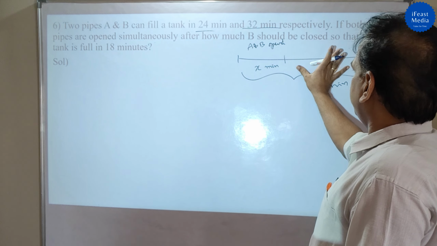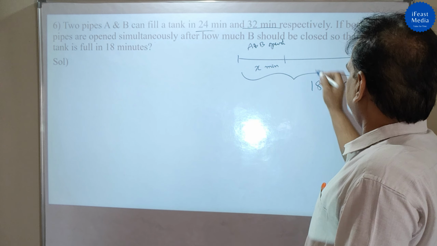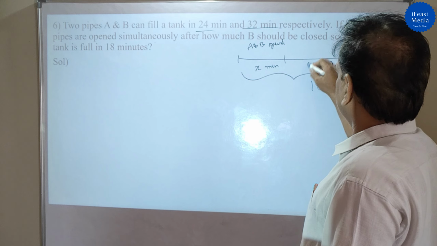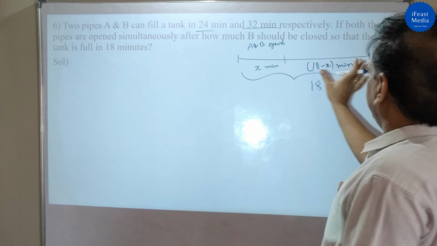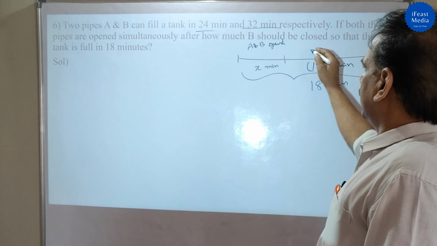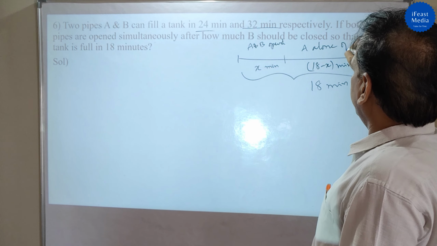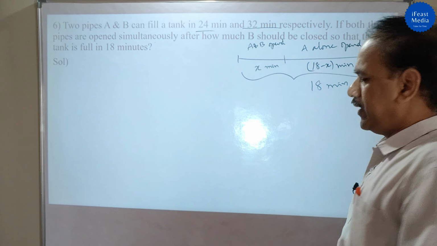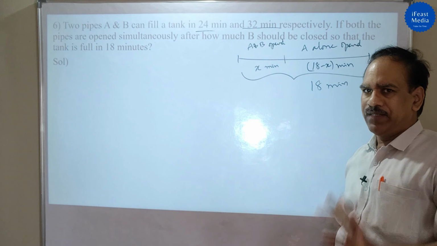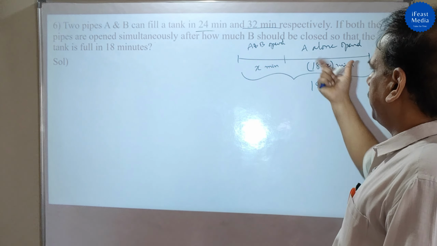Then what is the remaining time? 18 minus X minutes. For the remaining time, B is closed, so A alone is open. A is the only tap that is going to fill the remaining part.